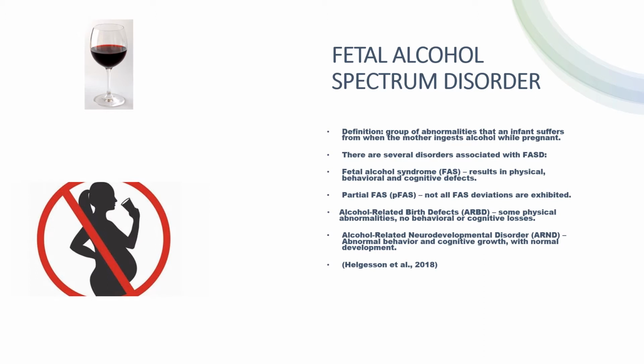Partial fetal alcohol syndrome does not exhibit all the deviations that fetal alcohol syndrome does. Alcohol-related birth defects. Some of the physical abnormalities are there. No behavior or cognitive losses are exhibited.